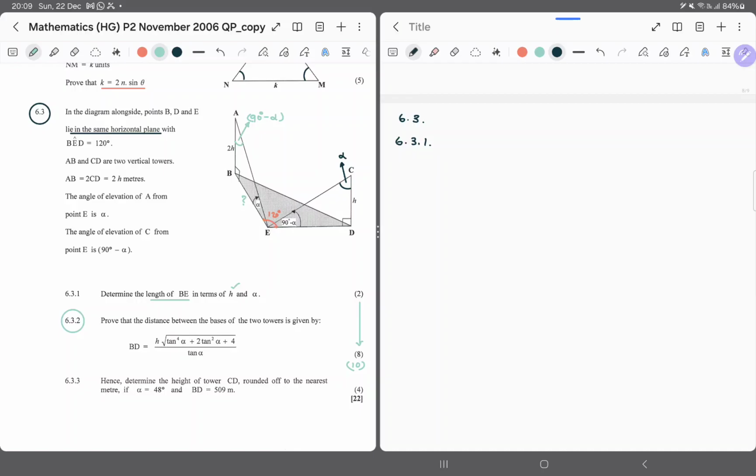6.3.1. Now we can see that we need to work in triangle ABE. Now in this triangle, we just need to sort this thing out. We don't need that angle, so we can use the tangent of alpha here.